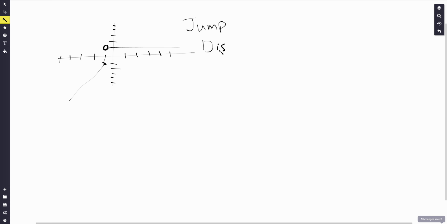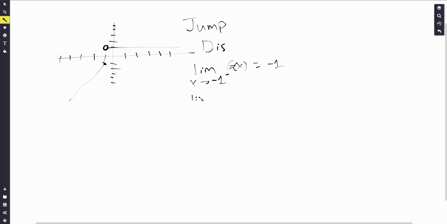So this is one of the discontinuities where, let's see, we have the x value right here, so let's just write this out. The limit as x approaches -1 from the left side of f of x would be -1.